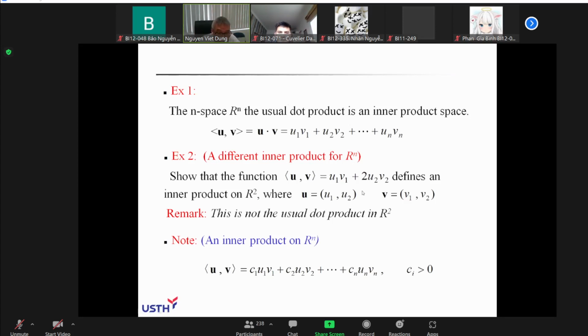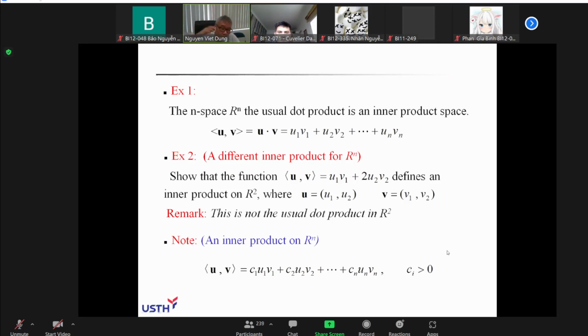But here in the example, I give you another inner product defined by that formula. That is not the usual dot product, but it is still an inner product for R2. And I claim that in Rn, any inner product must be of this form, in which each ci must be a positive number.